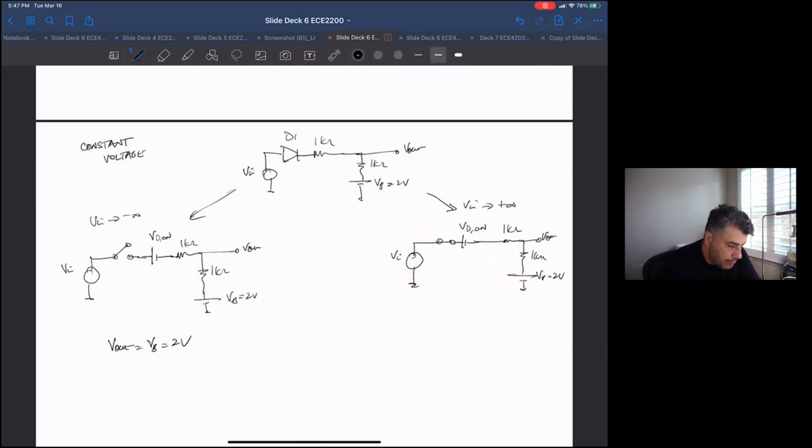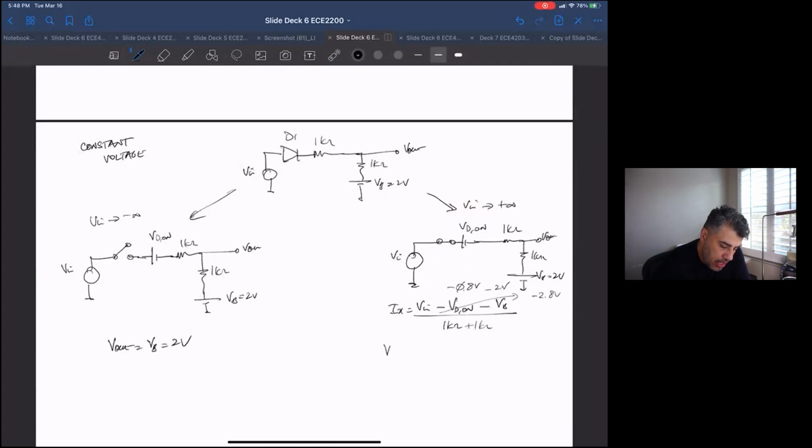This time, I sub x is Vn minus the VD on voltage from the diode in the path, minus VB, over 1K ohm plus 1K ohm. In our problem, this was 0.8 volts and this was 2 volts, so these two are minus 2.8 volts.